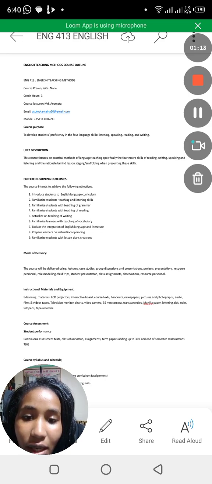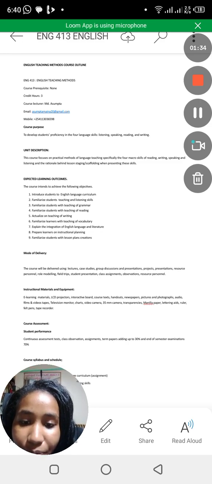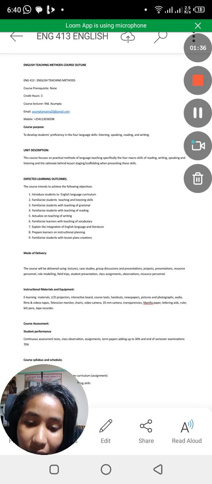We are also going to see the integration of English language and literature, as well as be prepared for instructional planning and how to prepare the lesson plan. We are also going to have some CATs and assignments, and also the main exam that is out of 70%.